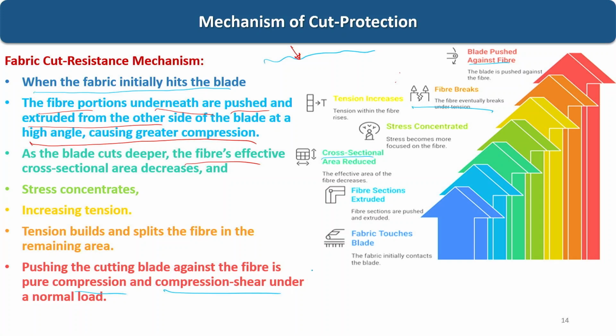This combination is a major cause of cut incidents, but we should remember a certain load is always there. Without any normal load, cutting will not occur. Okay. So, that is why the fabric should be in touch with the blade under certain load.